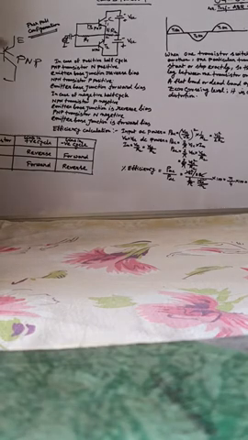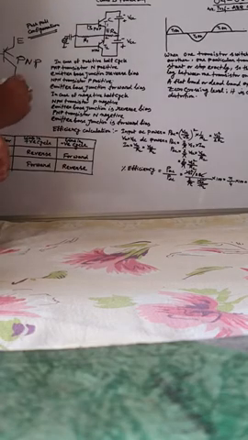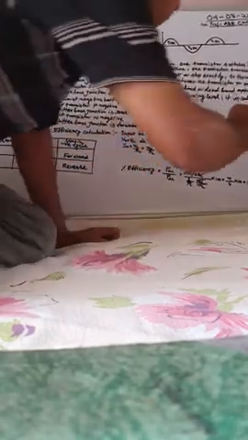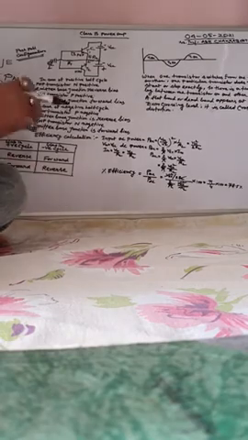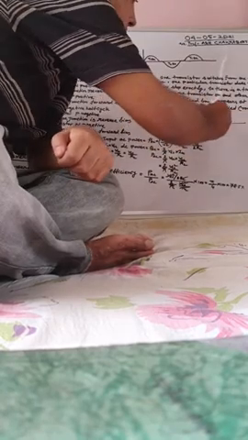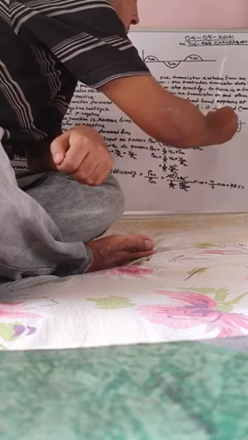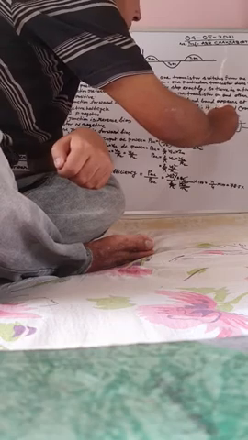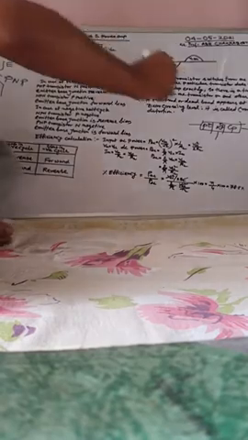Now in case of PNP, this is emitter, base, collector.